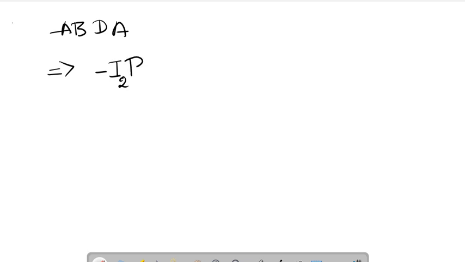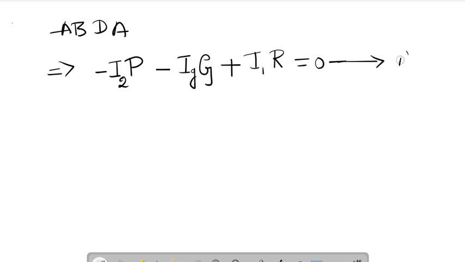So it is having the resistance P, minus the Ig current, which is also in the direction of flow of current, so I will write Ig into G. But this resistance R is opposite to the flow of current, that's why I will write plus I1 into R. That is equal to 0. This is equation number 1.